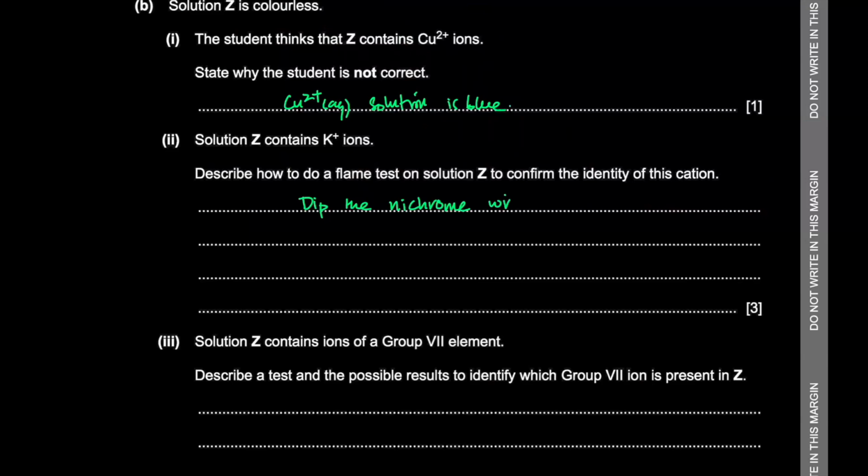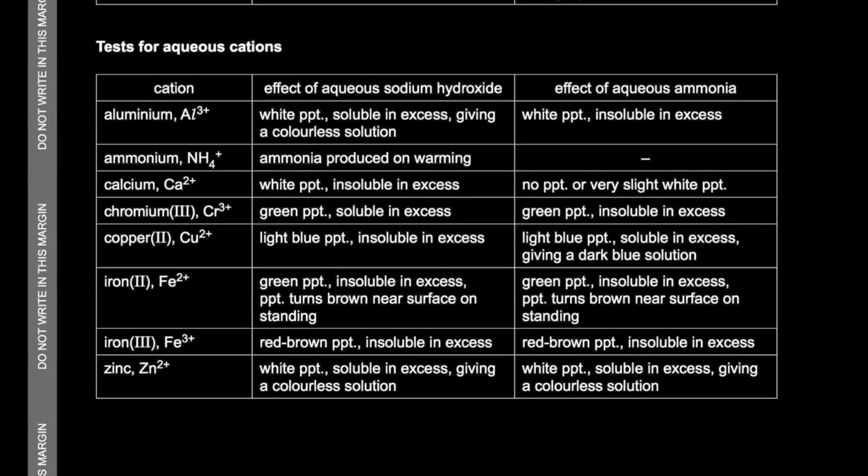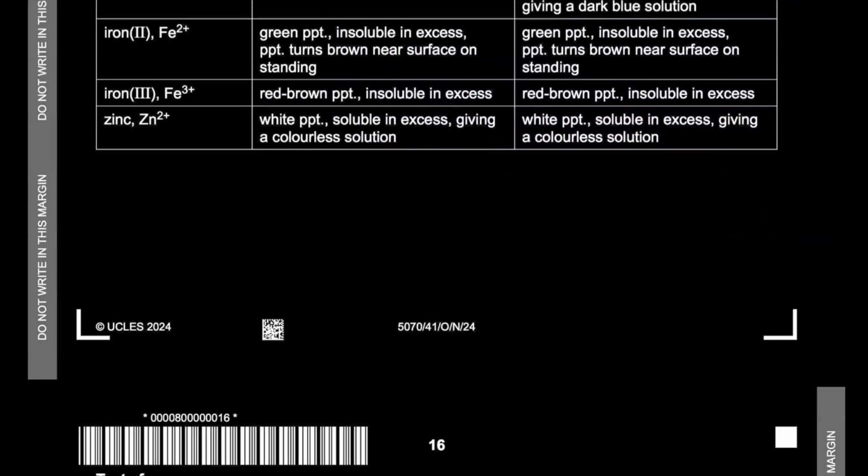Basically, you can just dip the wire into the solution and hold in a blue Bunsen flame. And for potassium, we're going to see a lilac flame.